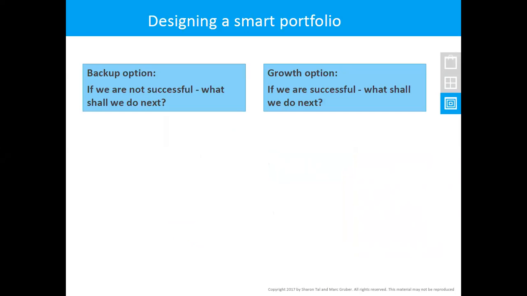So let me explain the idea of this smart portfolio of backup and growth options that we keep open. A backup option answers the question, if we are not successful, what shall we do next? If we are not successful with the primary market that we chose to focus on, where should we be heading? A growth option is, if we are successful with the primary market that we chose to focus on, what shall we do next?